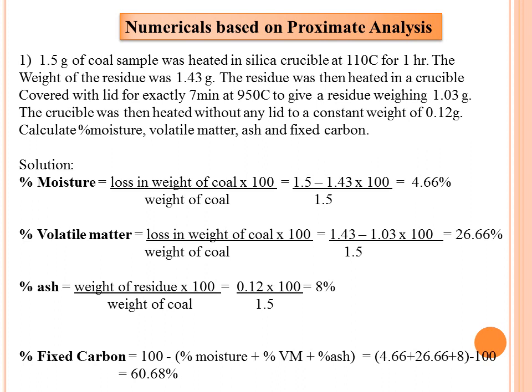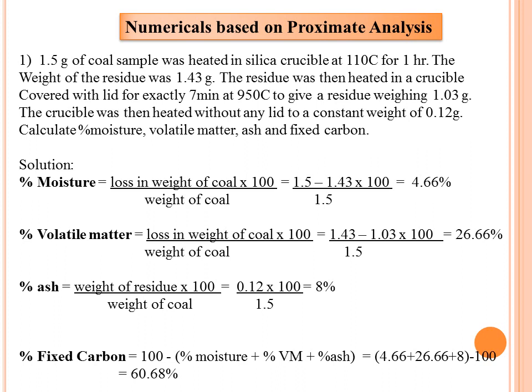So what is our formula here? It is again loss in weight of coal divided by weight of coal into 100. Before the volatile matter experiment, the weight is 1.43. After the experiment, the weight is 1.03. That is the loss in weight of coal, which is then divided by the weight of coal. Which weight of coal do we have to take?